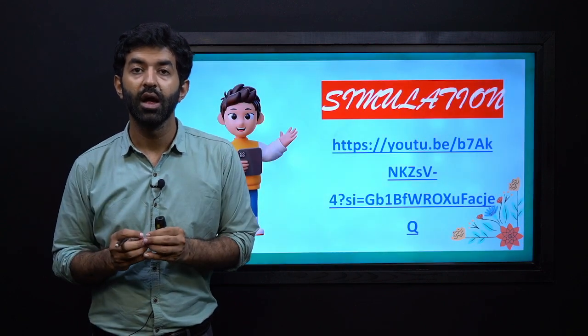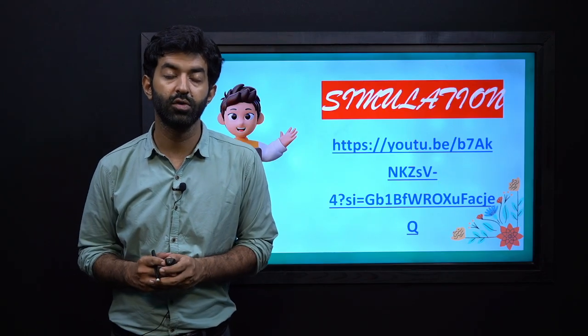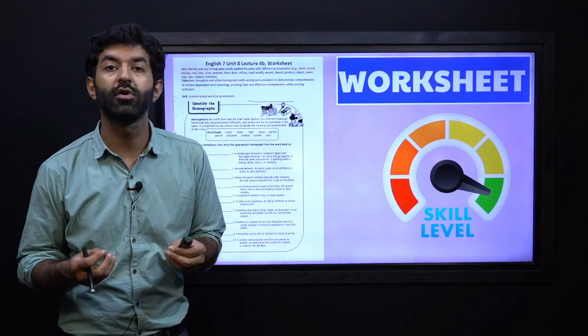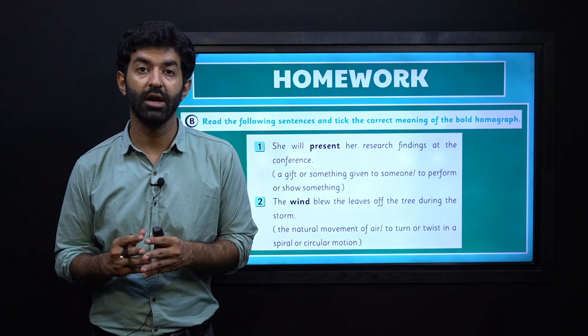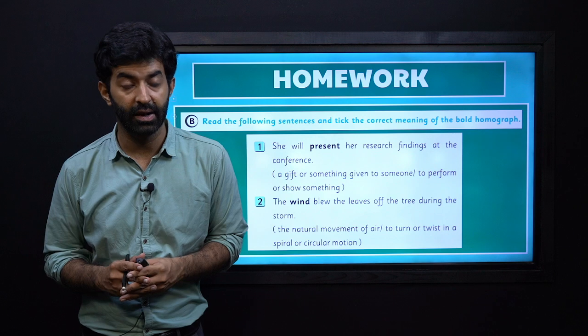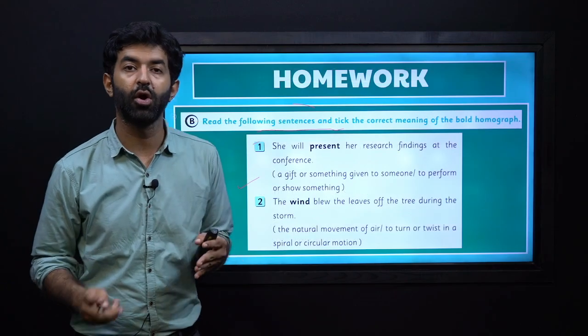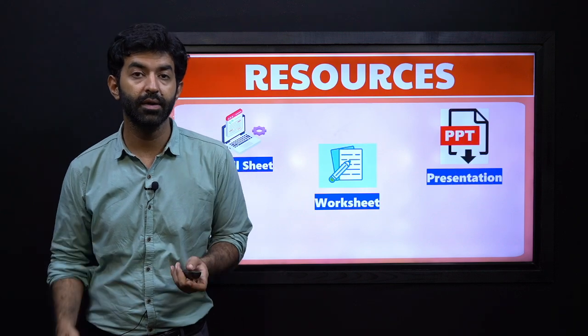So, students, let's talk about the simulation. Here you can get additional information about the main topic. For your worksheet, you are going to identify different homographs with activities and exercises related to the main learning outcome and main lesson. For your homework, you have to read the following sentences again and pick the correct meaning. These are just 2 questions for your practice. Now, all these resources are available in the description of the video.